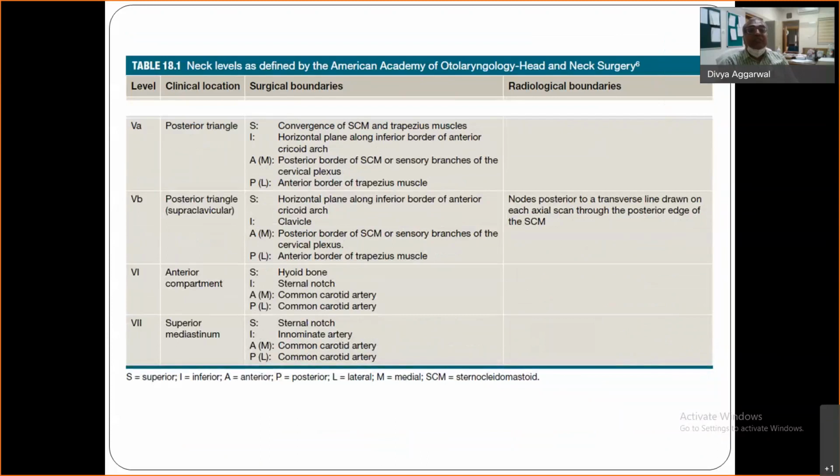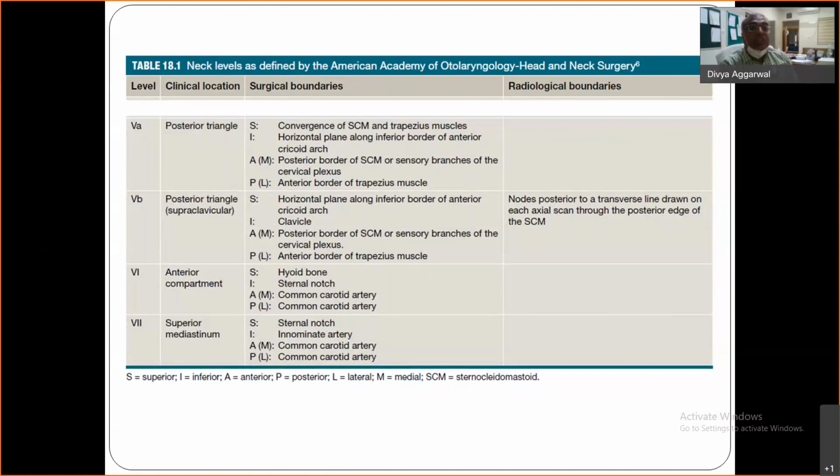Then comes level 5. Level 5 is the triangle bound by the sternocleidomastoid anteriorly, the anterior border of the trapezius posteriorly, and the clavicle inferiorly.